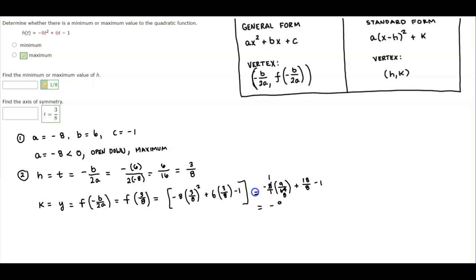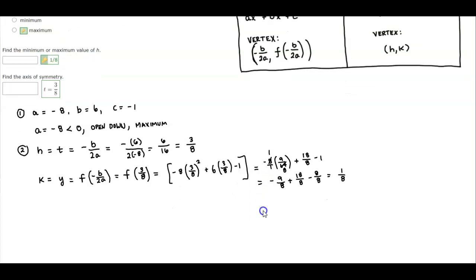So we end up getting negative 9/8 plus 18 over 8 minus 8 over 8. So we have negative 9 plus 18 minus 8, which is going to give us positive 1 over 8.